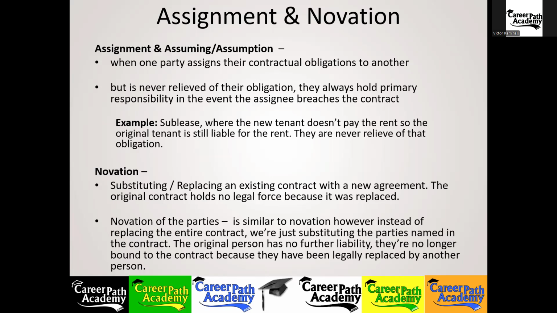Novation is substituting or replacing an existing contract with a new agreement, where the old agreement is no longer legal. It has no legal force. It's not legally enforceable. Or you could substitute a person named in the contract with another.